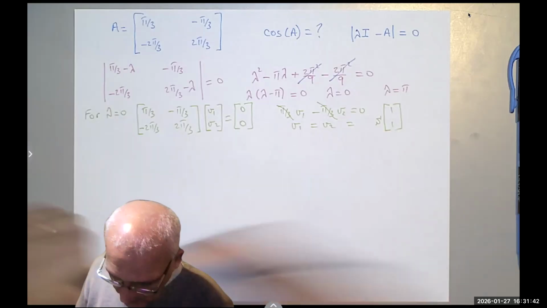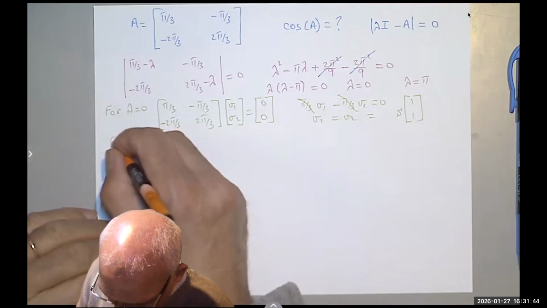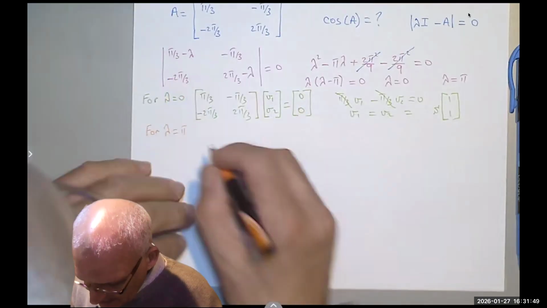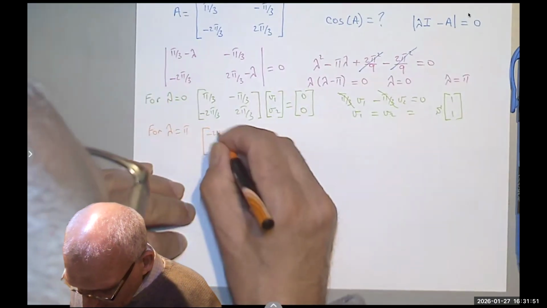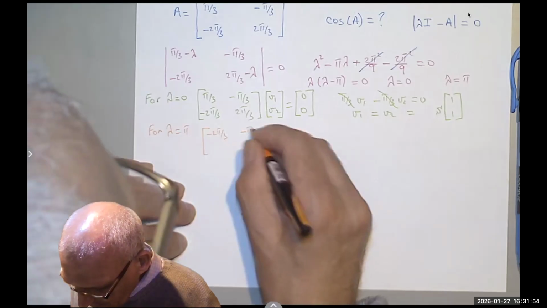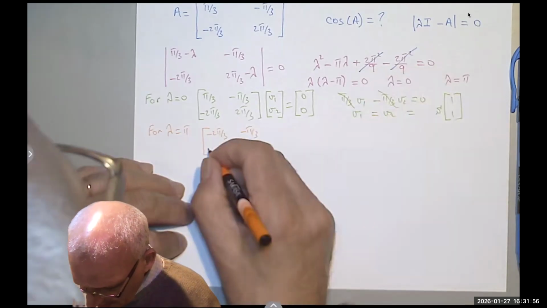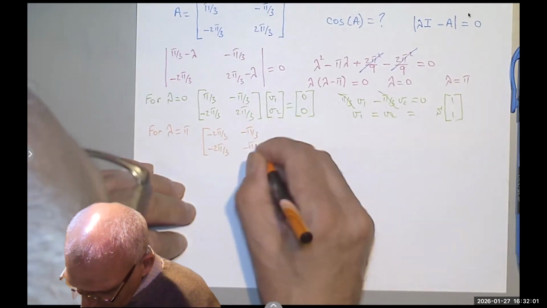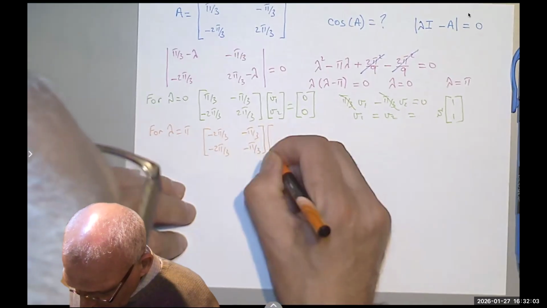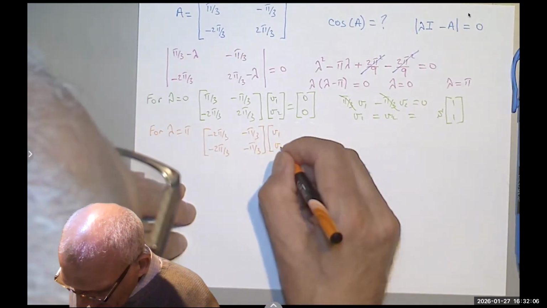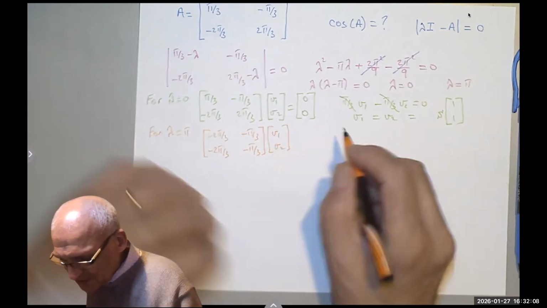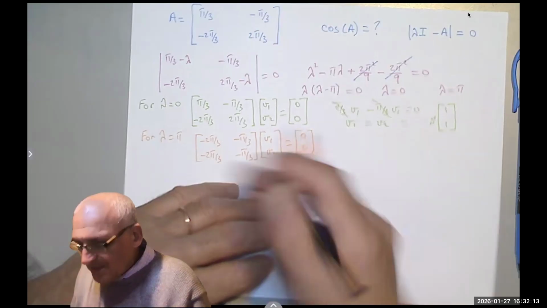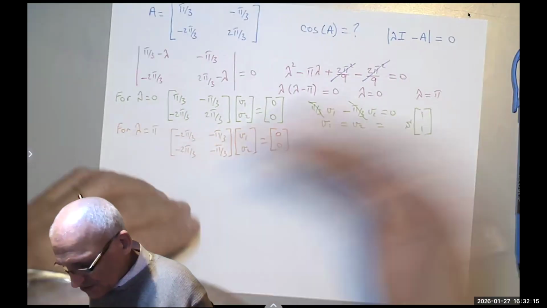The second one, for lambda equals pi. Now, when you say pi over 3 minus pi is negative 2 pi over 3, negative pi over 3. And again, we don't need to do the next. It's the same. This minus pi is negative pi over 3. And again, two equations, but one of them is dependent. So you only have one equation, meaning you have to set one of the values to some constant and solve the other in terms of that constant.